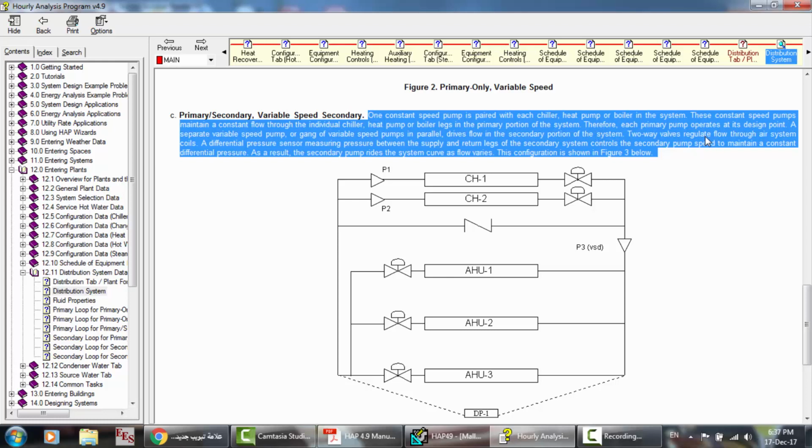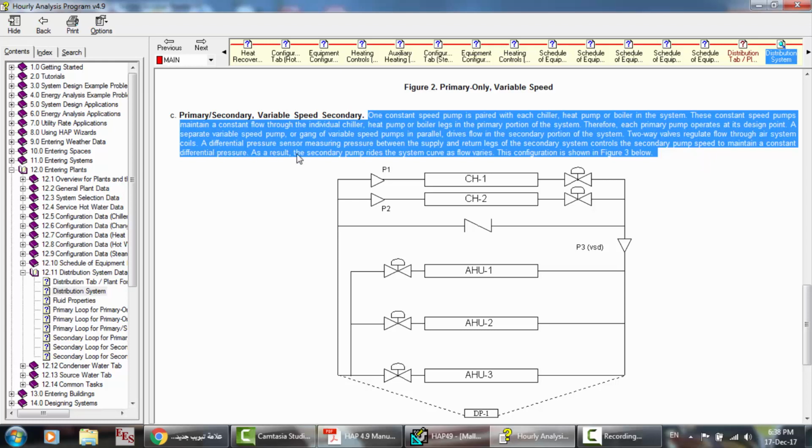These constant speed pumps maintain a constant flow through the individual chiller, heat pump, or boiler legs in the primary portion of the system. Therefore, each primary pump operates at its design point. A separate variable speed pump or gang of variable speed pumps in parallel drives flow in the secondary portion of the system. Two-way valves regulate flow through air system coils.